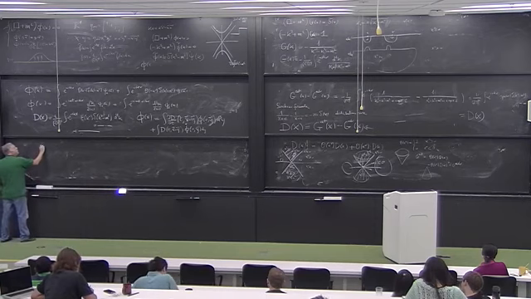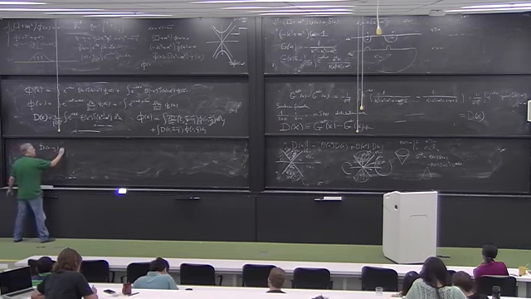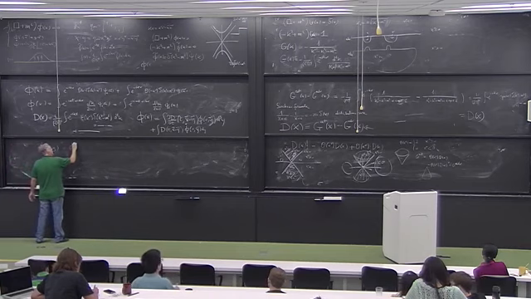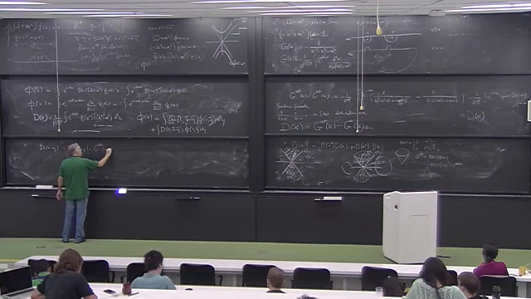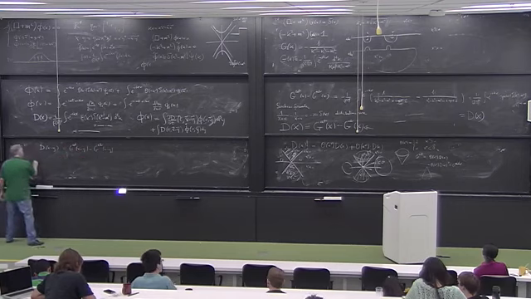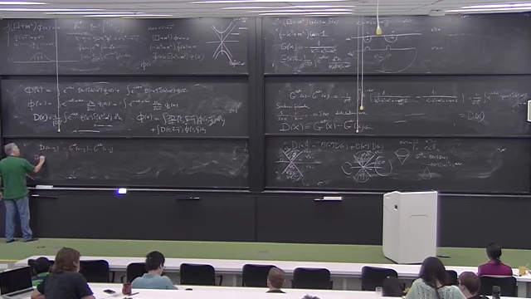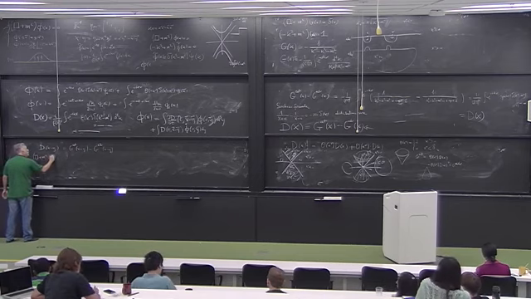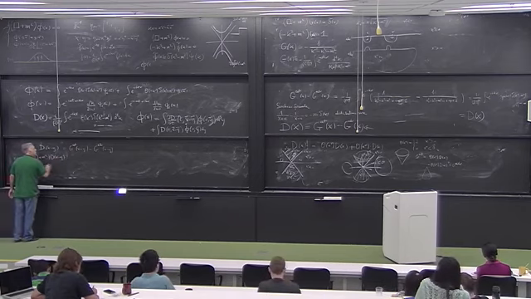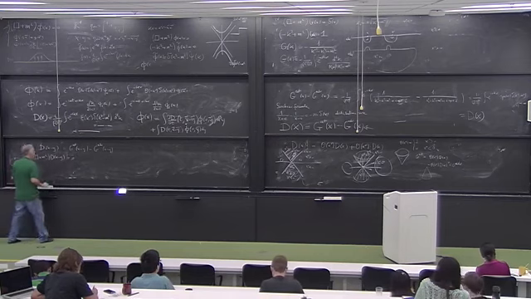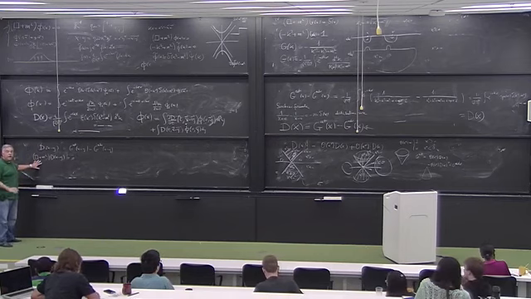So if you now consider the Pauli-Jordan function, which, as I said, is the retarded propagator minus the advanced propagator, we know that the Pauli-Jordan function solves the homogeneous Klein-Gordon equation. Okay?